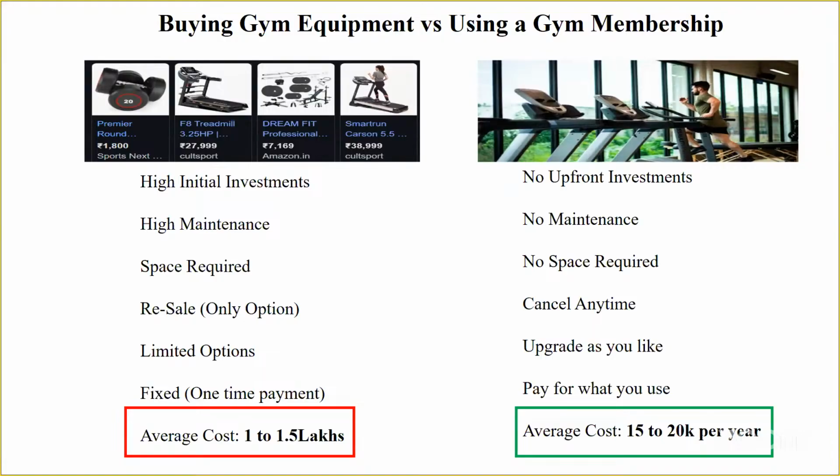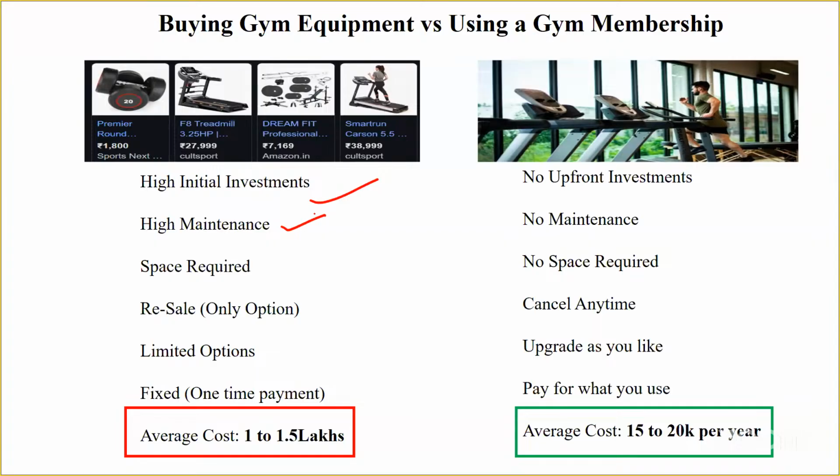Everyone wants to take care of health. So option number one: you buy all the equipment, dumbbells, treadmill, all the things, from Amazon or any portal, and you're spending a lot of money.